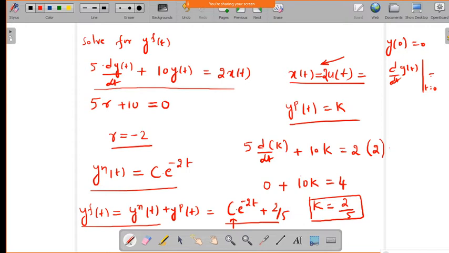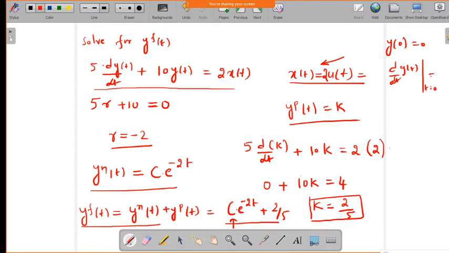So, y(0) equals c into e^(-2 into 0), t we substitute as 0, plus 2 by 5. Now y(0) is 0, which we have assumed as the initial condition. So, that becomes c plus 2 by 5. Now what is the value of c? It is nothing but minus 2 by 5.